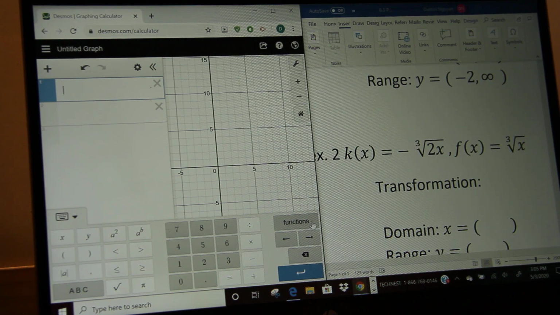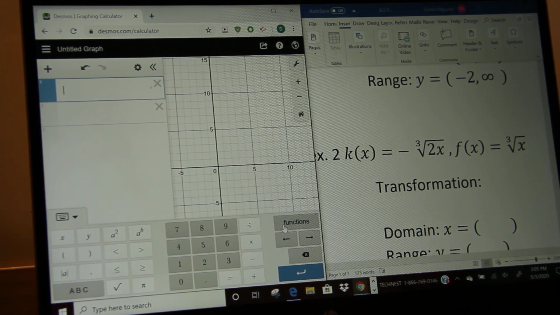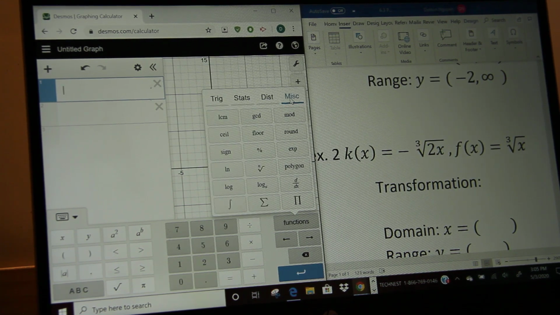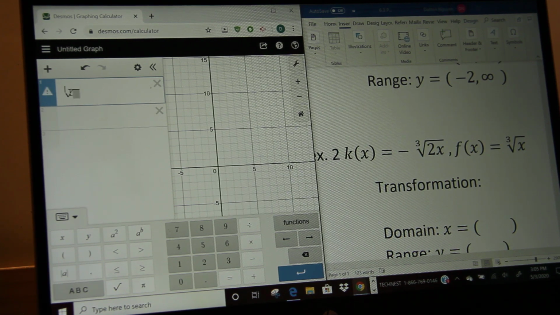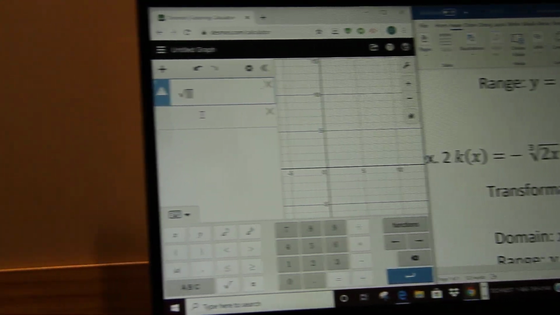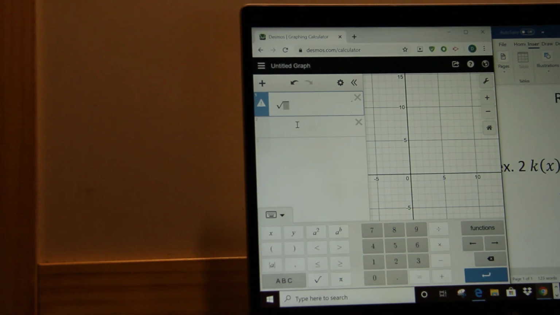So to put that into Desmos, I type in functions. Remember that miscellaneous part? And I go right underneath the percent sign, and there is a square root symbol with an n in front of it. I type that. So now on my actual calculator, you see here, this is what's blinking now.